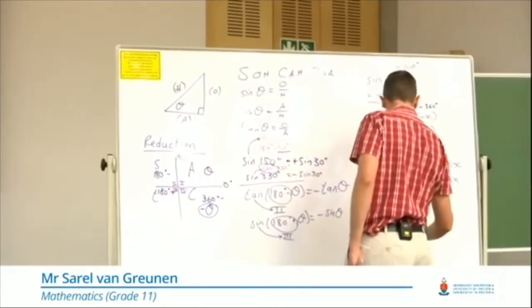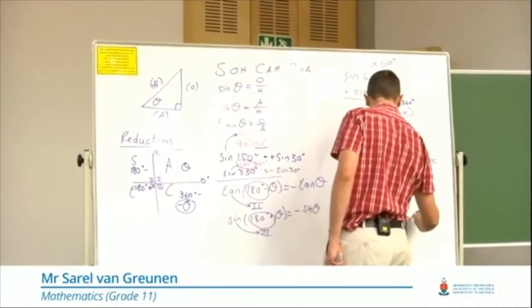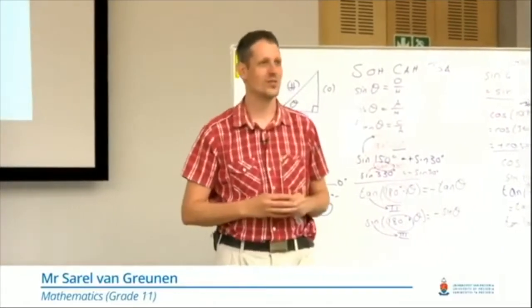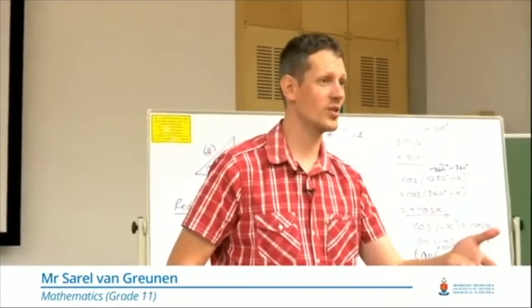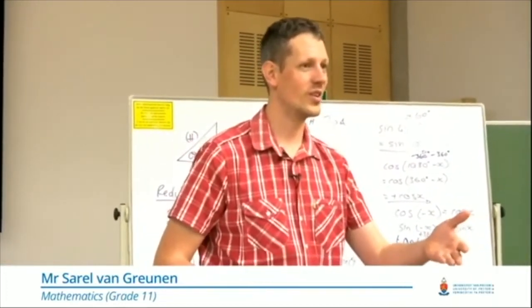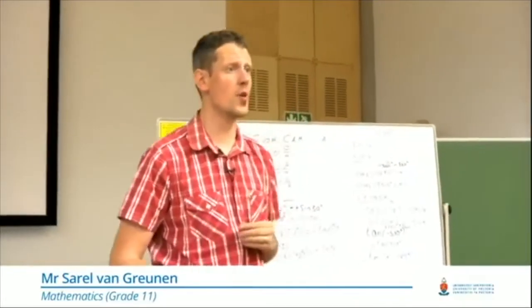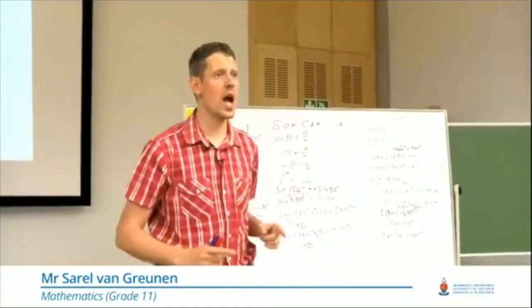Tan of x minus 180. How many of you have seen that one in the exams? What did your teacher tell you how to handle this? Okay, so you take out a negative 1 common, right? Swap it around.